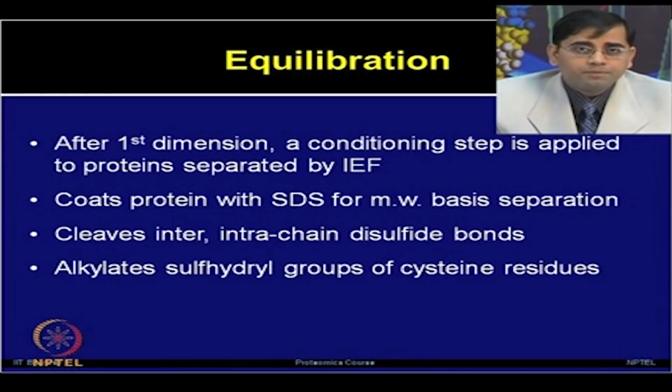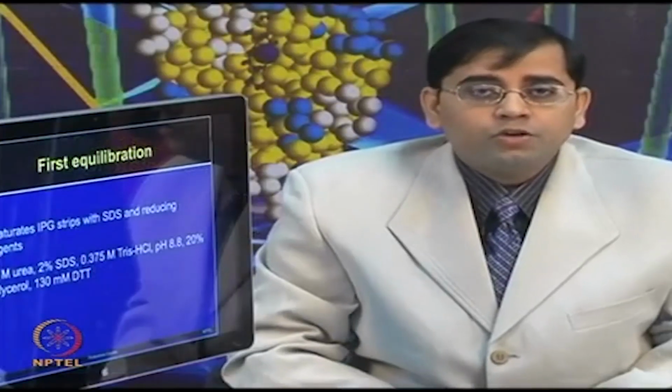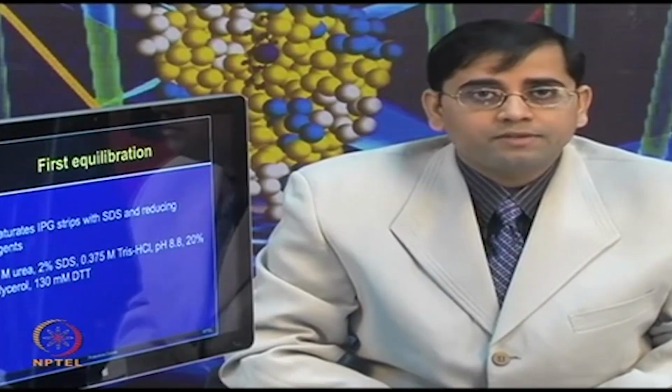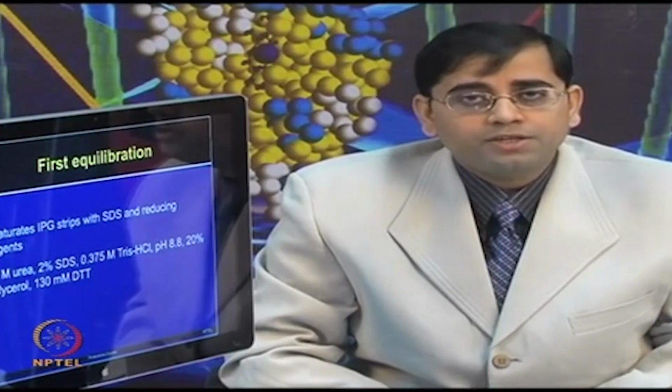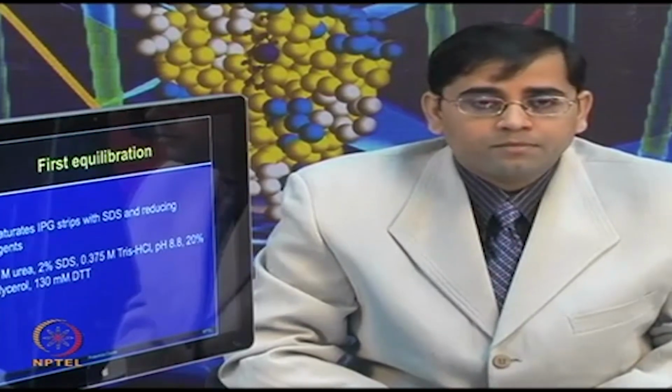The equilibration step performs cleavage of both inter and intra chain disulfide bonds, and it alkylates the sulfhydryl groups of the cysteine residues. So, there are two equilibration steps which are required for this preparative step: the first equilibration step and the second equilibration step.